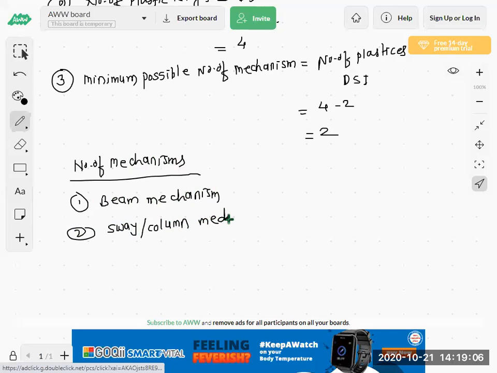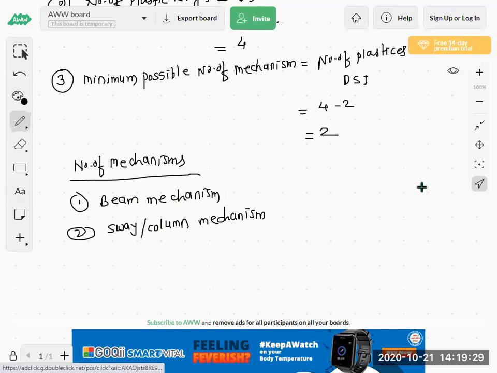We have seen the various types of mechanisms. At least these 2 mechanisms we have to solve, column mechanism and beam mechanism. And the combination of these 2, beam and column, is another third mechanism that we will solve after these 2 mechanisms. But these are the minimum we have to solve, beam and column.